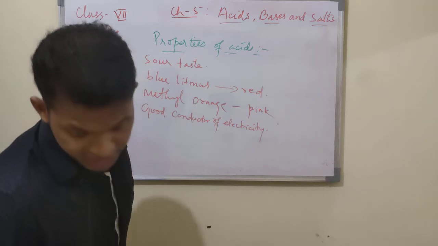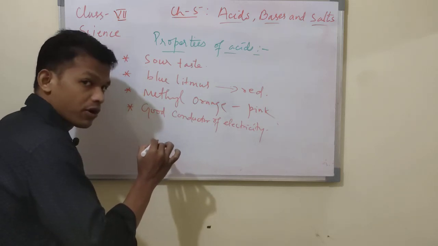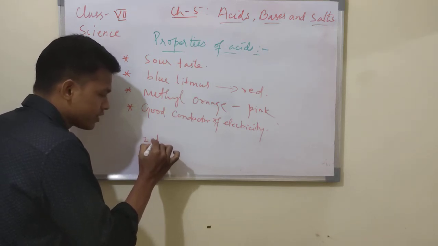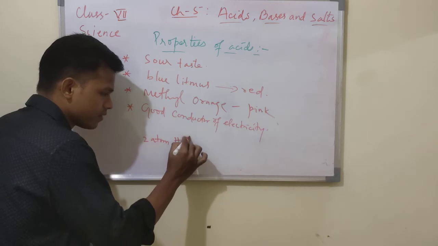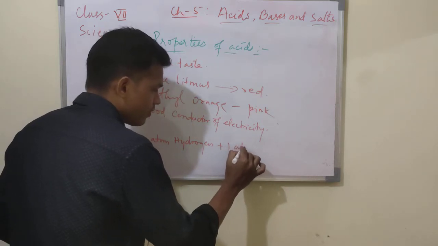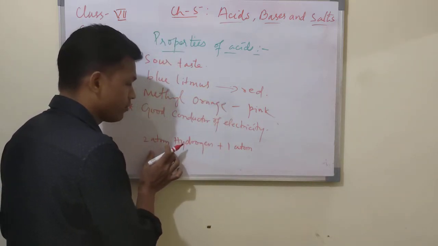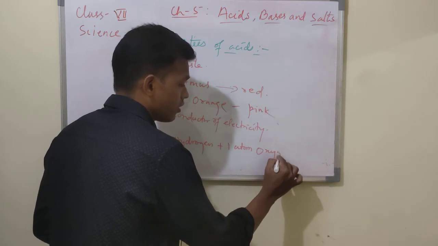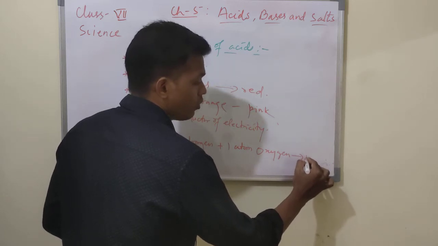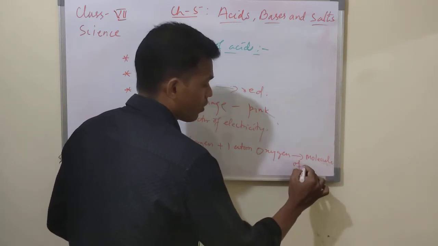Acids are compounds. What is a compound? Two atoms of hydrogen plus one atom of oxygen give a molecule of water, H2O.